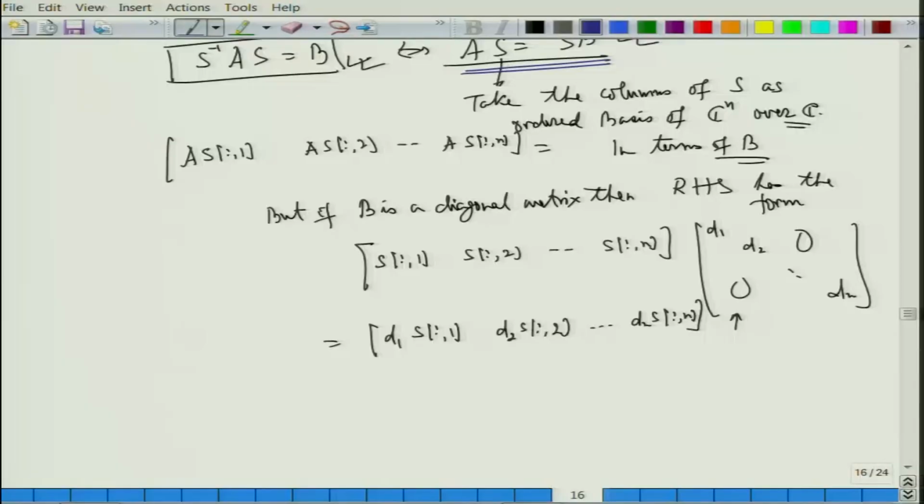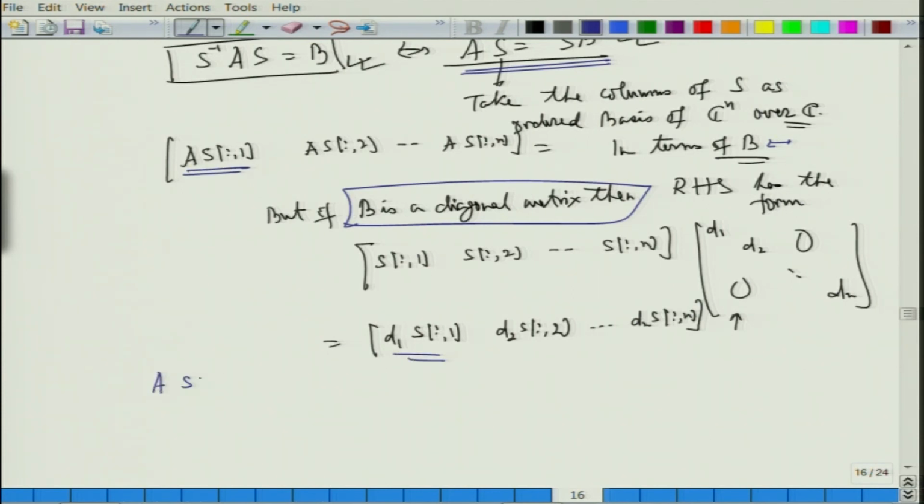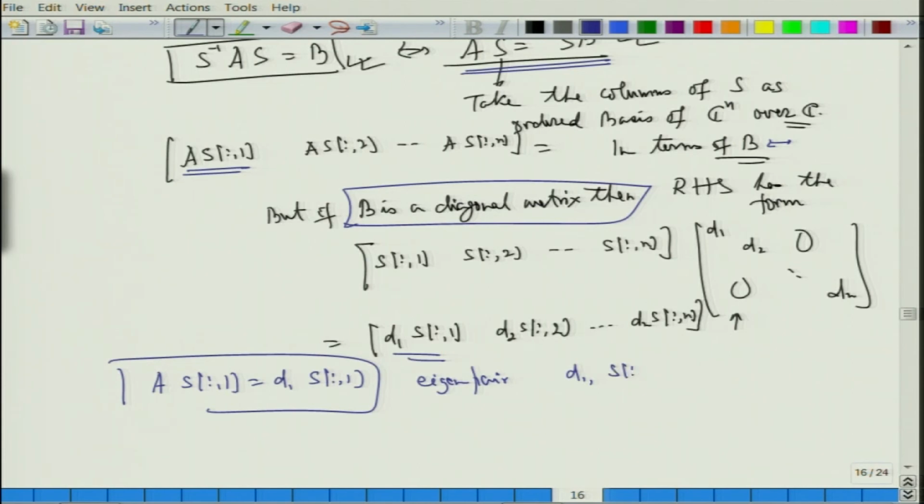Here what we are saying is that in this case, if B is diagonal, then look at this part, it says that the first column is nothing but an eigenvector. So this gives me an eigenpair D1 and this.